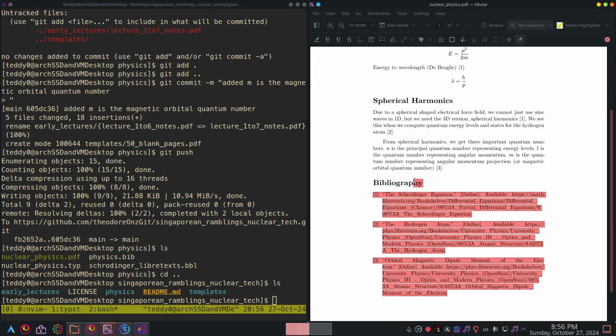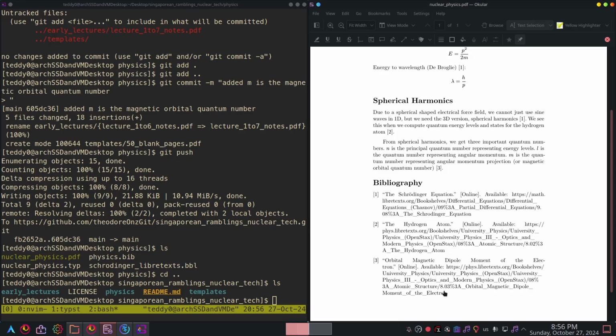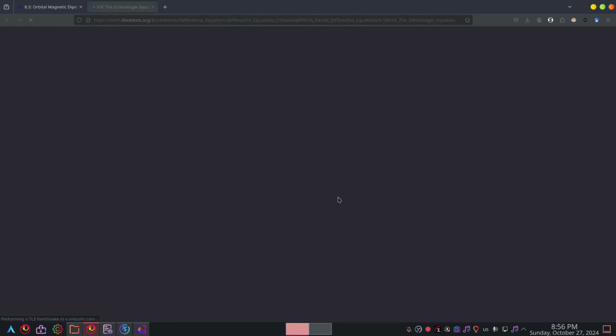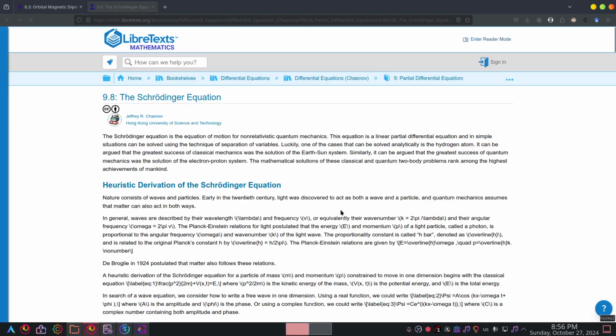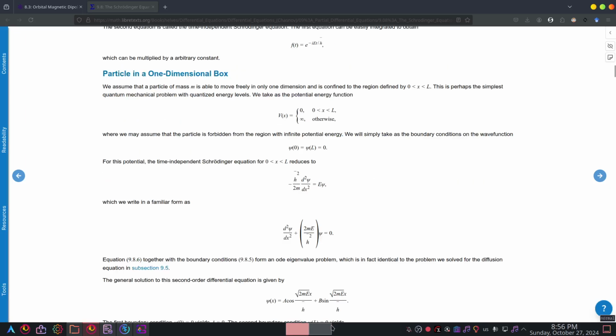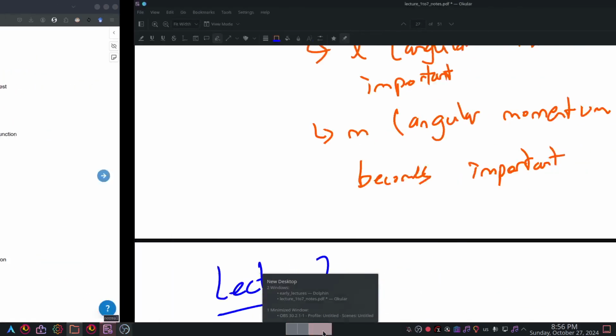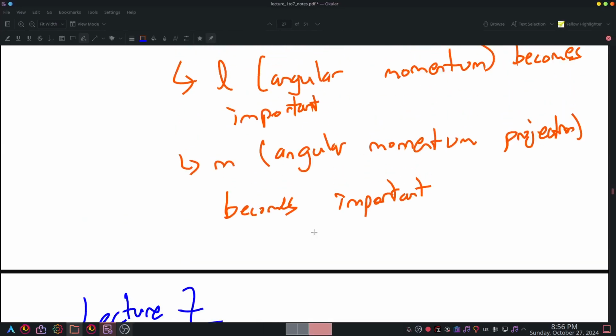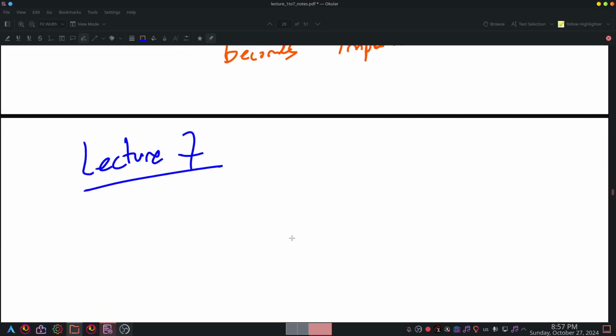You'll be able to see all the links that I use under here. I used Typst, but you can just open the PDF file and click this thing, and it will bring you to the relevant websites, just like what is happening now. The Schrodinger equation is here. You will be able to see it. All this is uploaded now on GitHub.